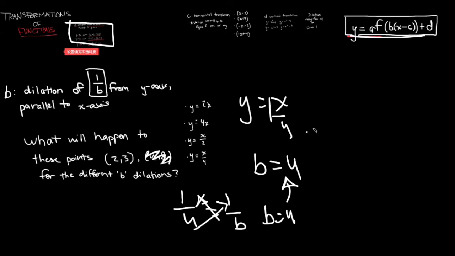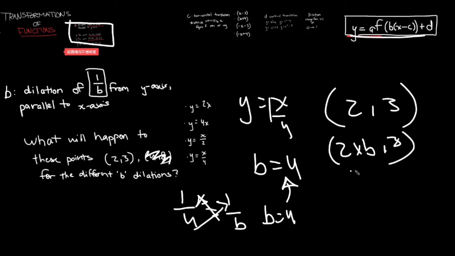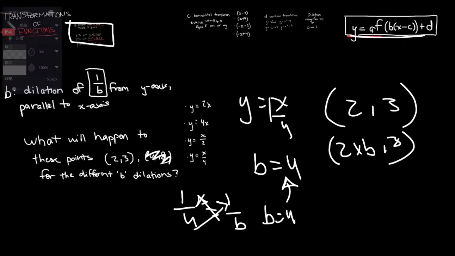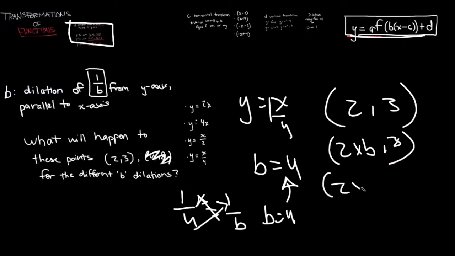And so the coordinates 2 and 3 is 2 times b and 3, and b is 4, so 2 times 4 and 3 results in the newly transformed coordinates of 8 and 3 after you dilate them by b.